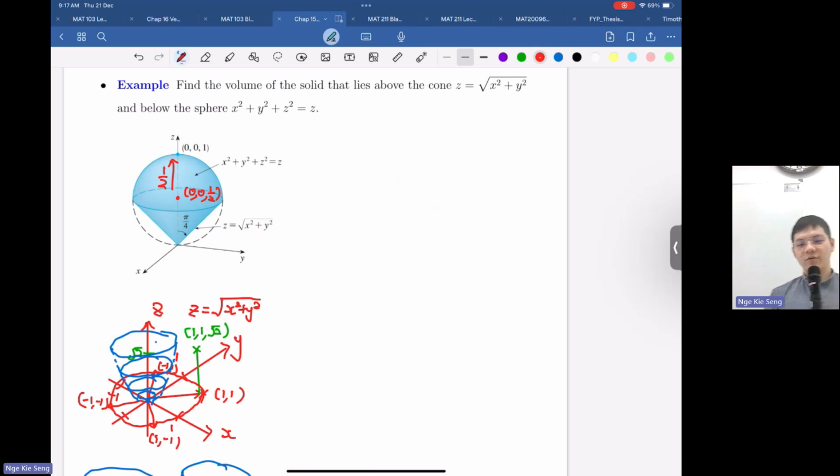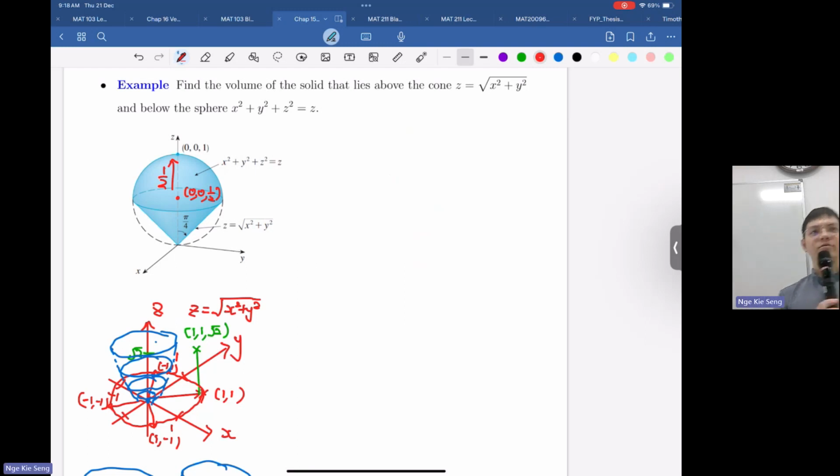So what's the integration domain here? Which coordinate system do you want to use: spherical, rectangular, or cylindrical?